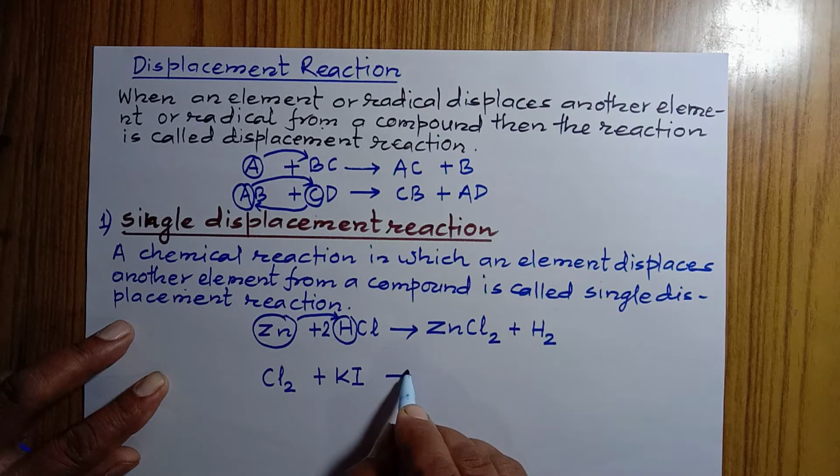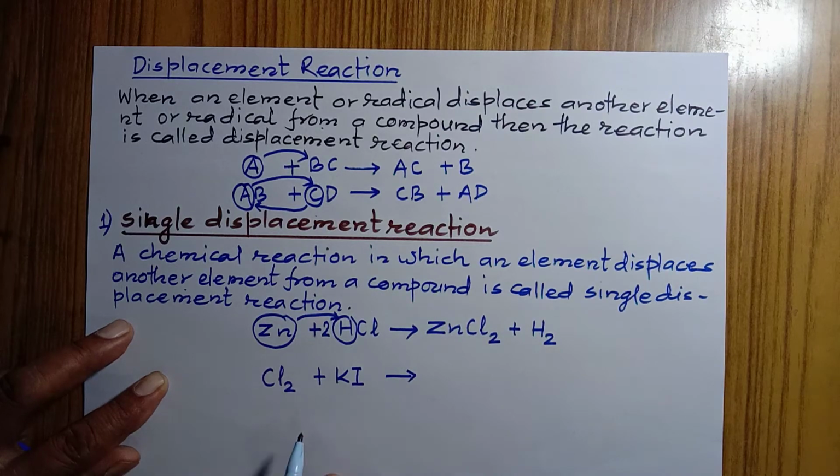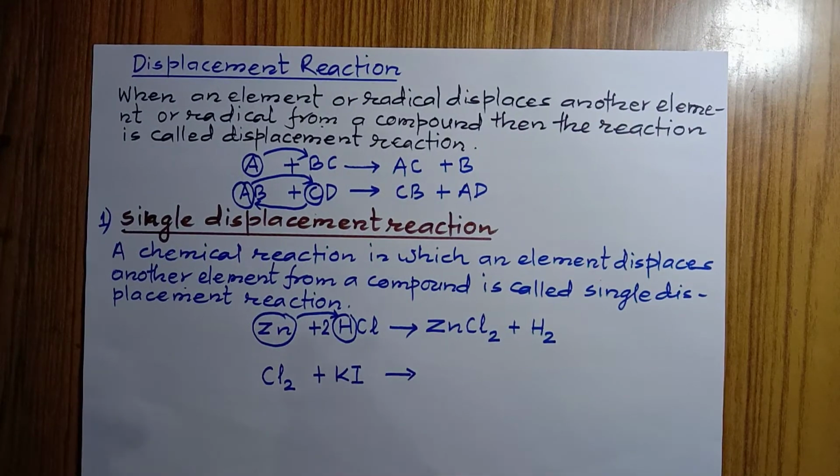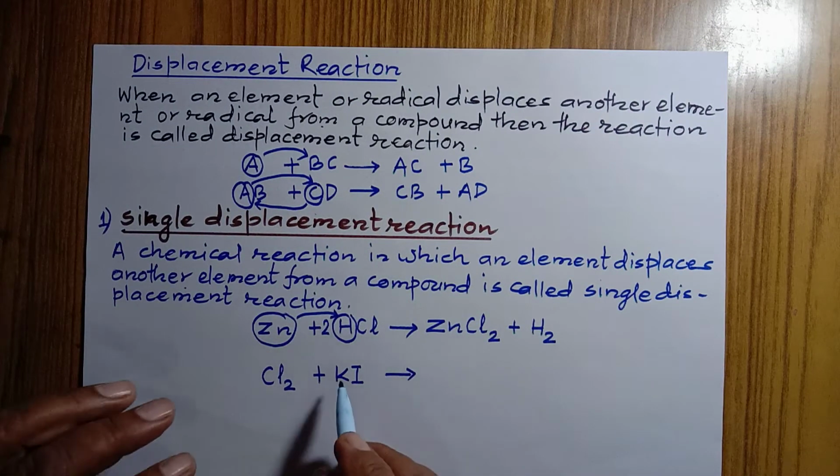When this reaction takes place, then this is single displacement. How? Look at this element chlorine, this non-metal. Non-metal displaces non-metal, not the potassium but iodine. Because chlorine is more reactive than iodine, that's why it displaces iodine from this compound.